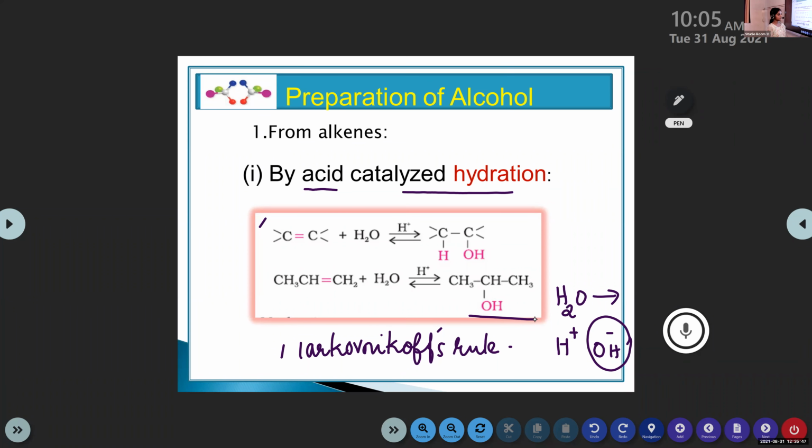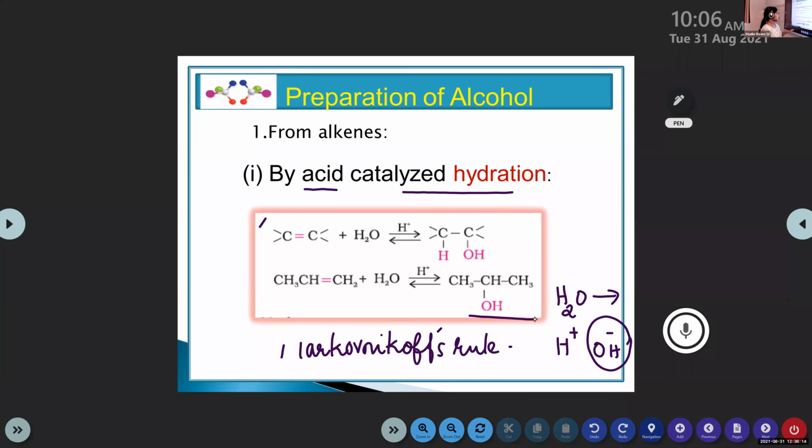Is this clear? So in this acid catalyzed hydration, alkenes react with water in the presence of acids to form alcohols. And in the case of unsymmetrical alkenes, we need to follow Markovnikov's rule. The mechanism of this reaction is also very important, it is specially mentioned in the syllabus itself.